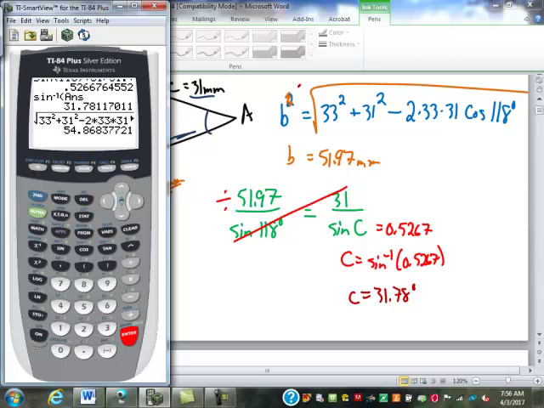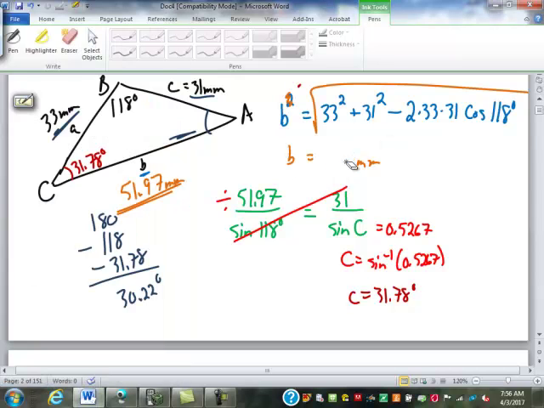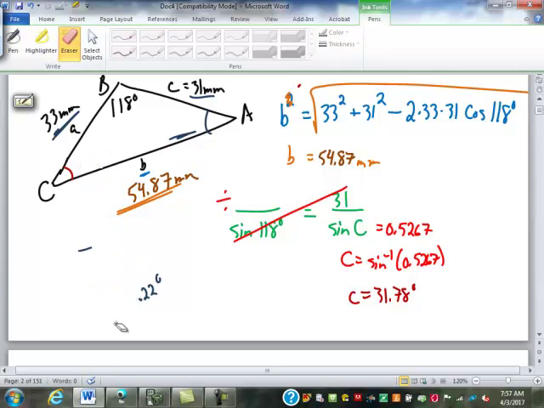54.87 is what I'm coming up with now. So that means that's going to be wrong. And we'll go back to that point there and start over.